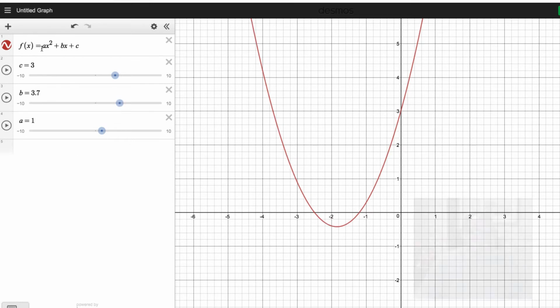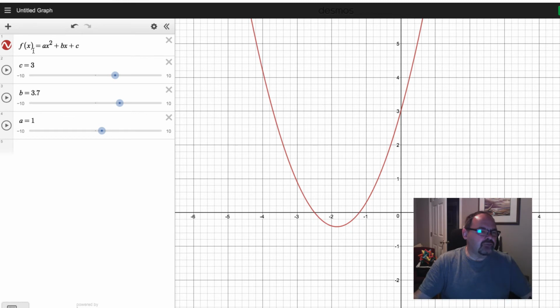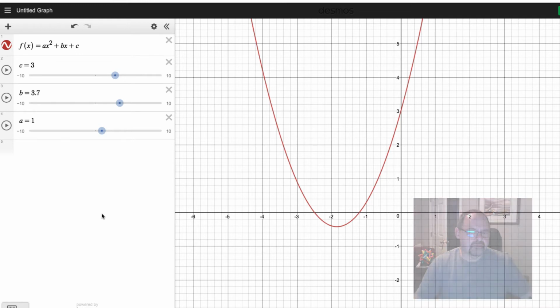So the values of a, b, and c in the general form of a quadratic equation will determine the number of solutions. So we want to look at whether there is a quick way we can decide whether a quadratic equation has 0, 1, or 2 solutions without doing a lot of work?